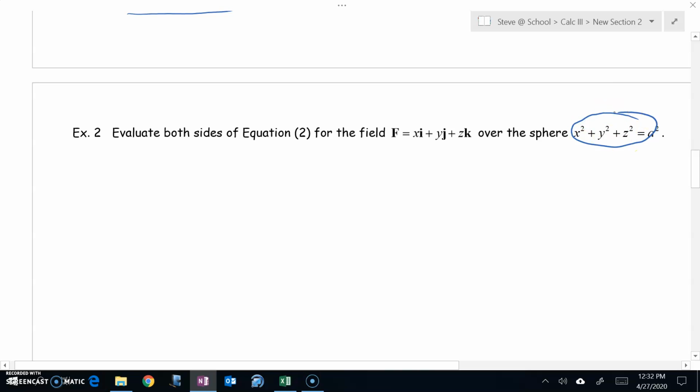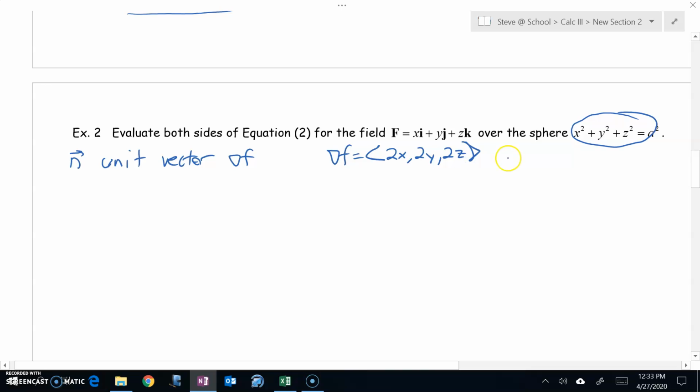Again, n is the unit vector of the gradient of f. So we know that the gradient of f is just the partial derivatives. So it's 2x, 2y, 2z. And by the way, this is one of the sides.